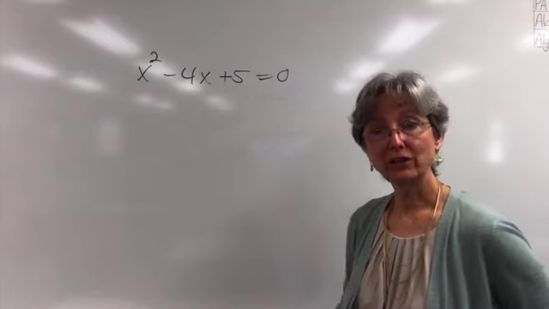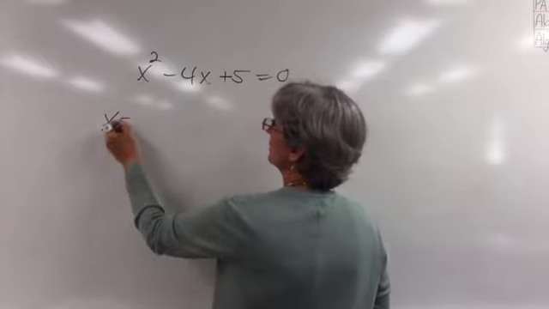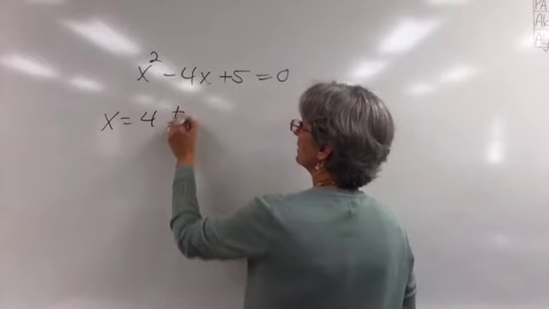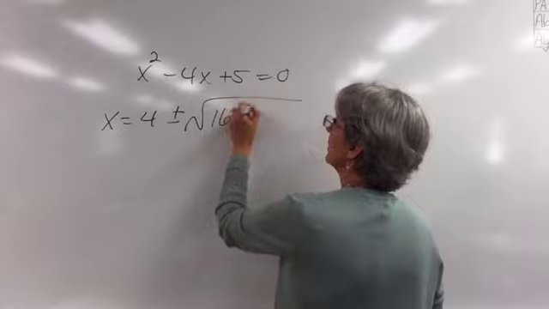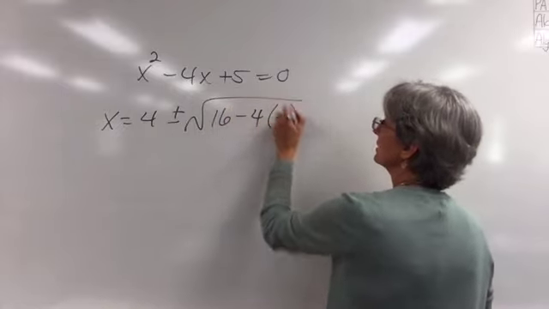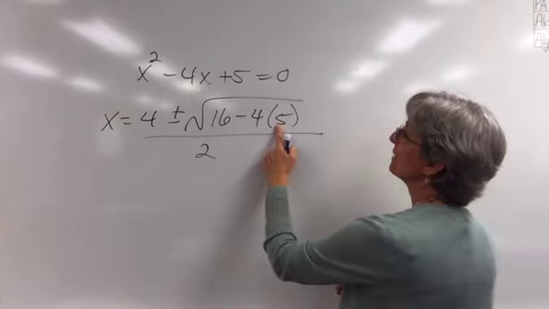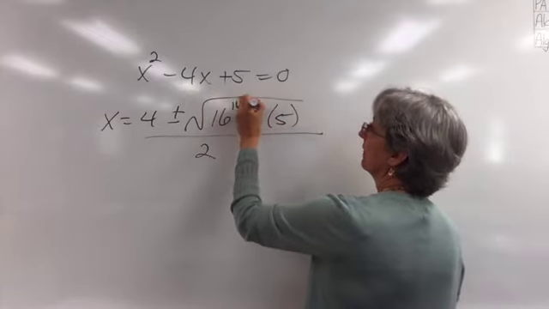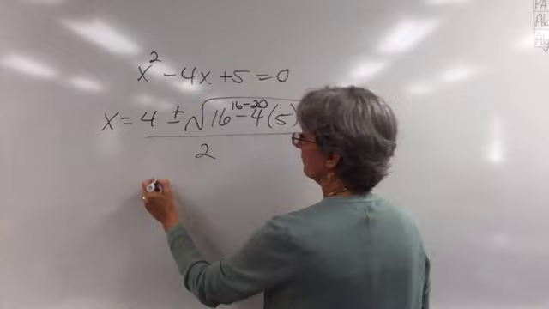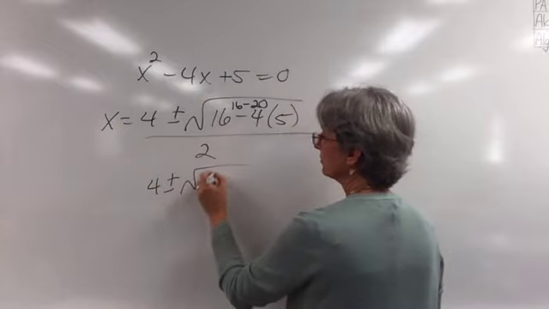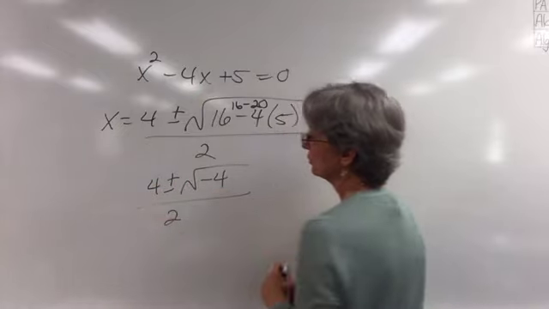Okay, I'll do this fairly quickly. x equals negative b plus or minus the square root of b squared minus 4ac all over 2a. This is 16 minus 20, so that's negative 4. So I have 4 plus or minus the square root of negative 4 over 2.